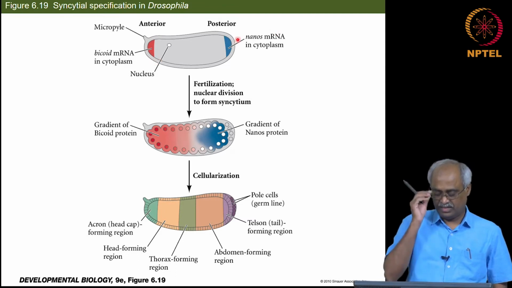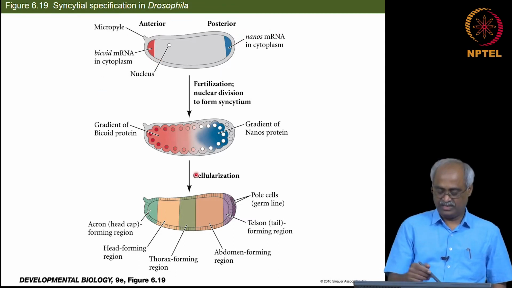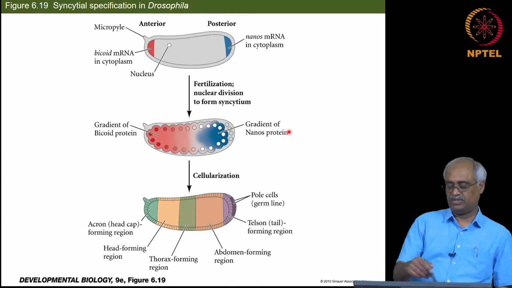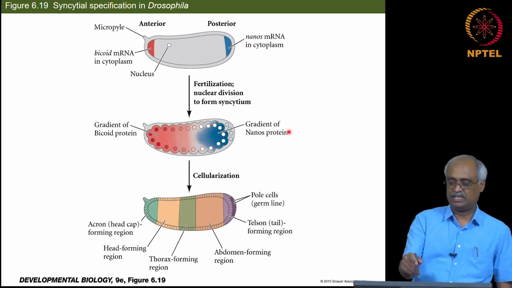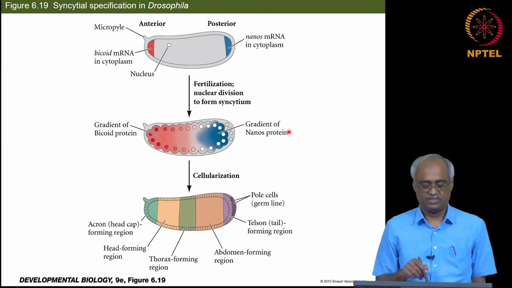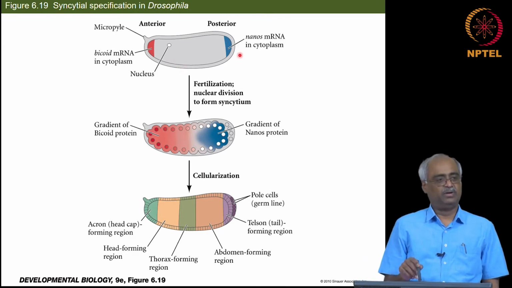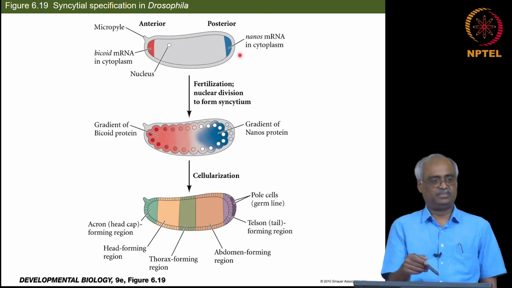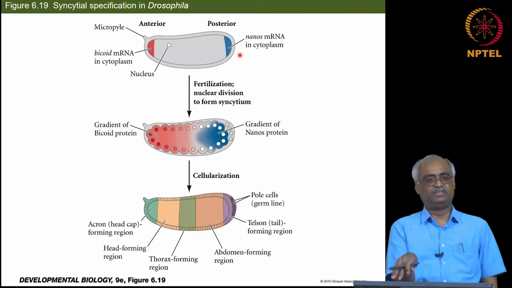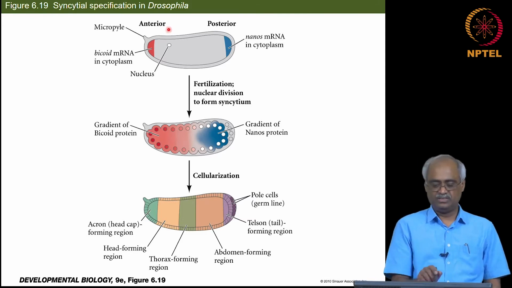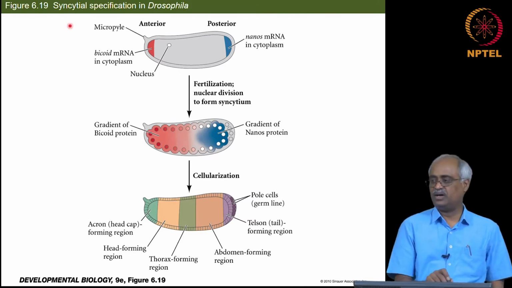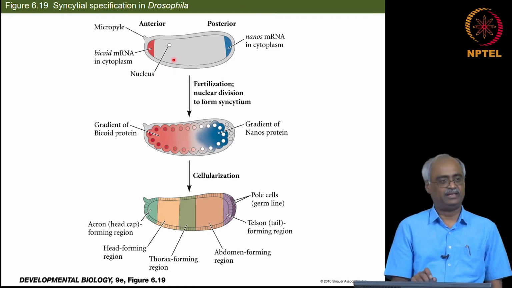Okay. So I will tell you a little bit about nanos. Let us spend sufficient time to understand this, because we do not have multiple slides explaining each of the steps. Nanos mRNA is produced by the nurse cells and deposited into the embryo. Nurse cells, if you remember, are in this part to start with, anterior to this structure.